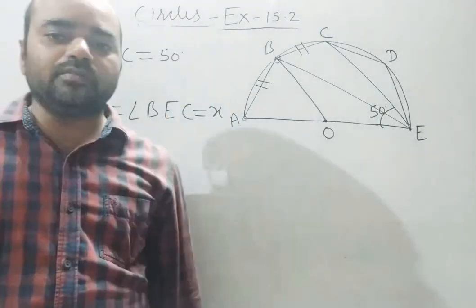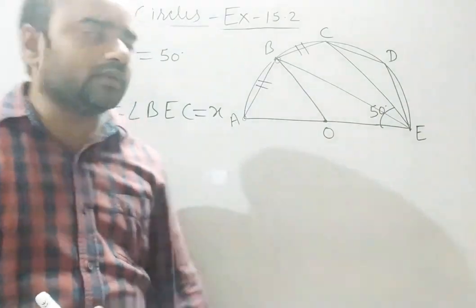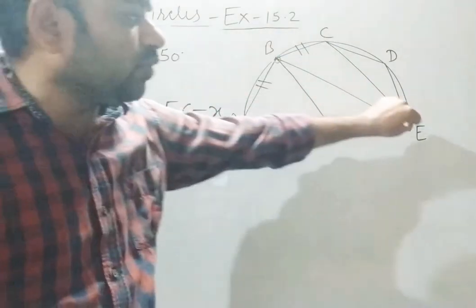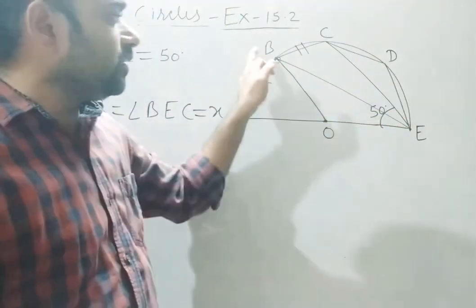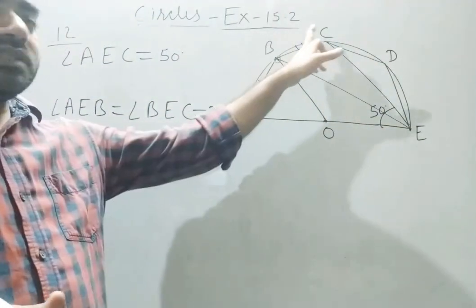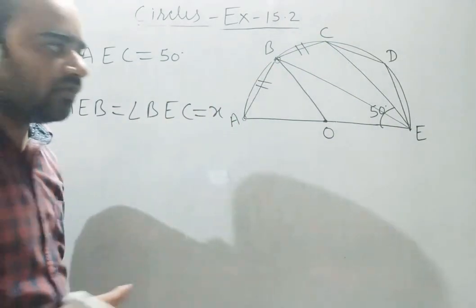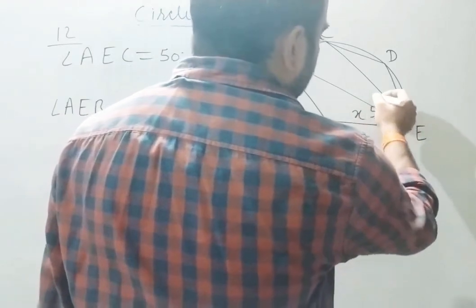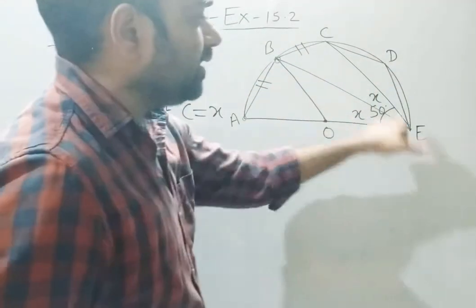Correct? What is the theorem used? Equal chords subtend equal angles at the circumference. AB is joined to E, that is AEB. BC is joined to E, that is BEC. If the chords are equal, angles subtended by them at circumference are also equal. It means both will be x and x. And the total value is given. AEC is 50 degree.